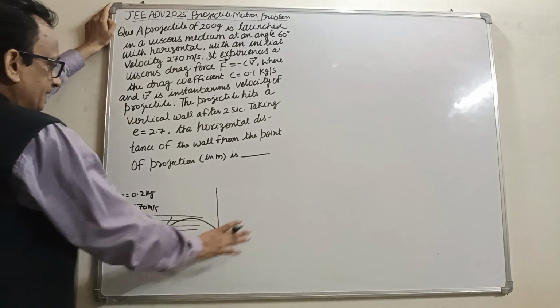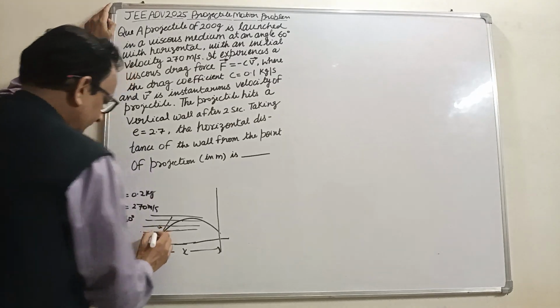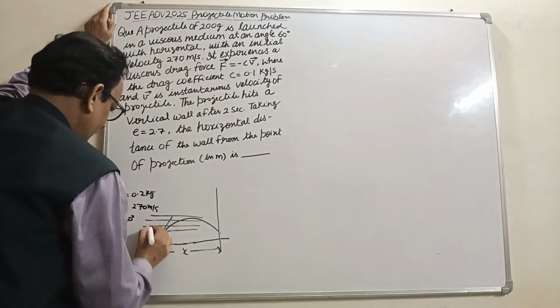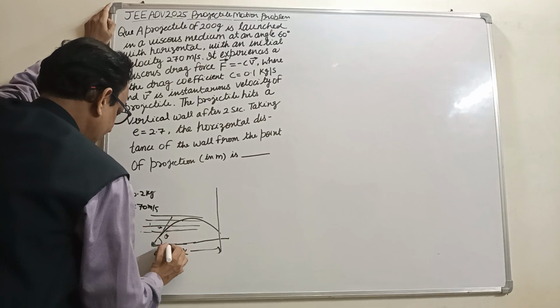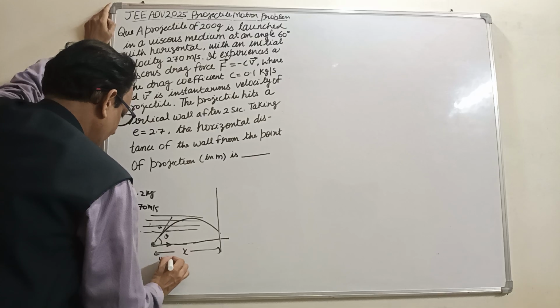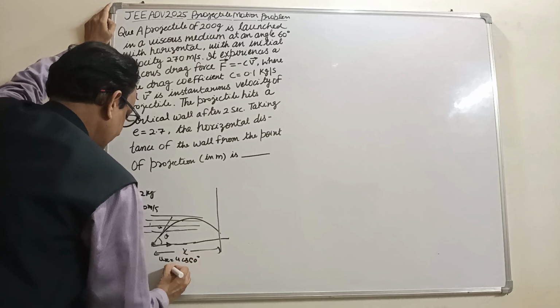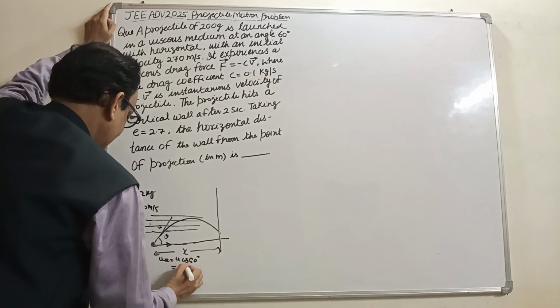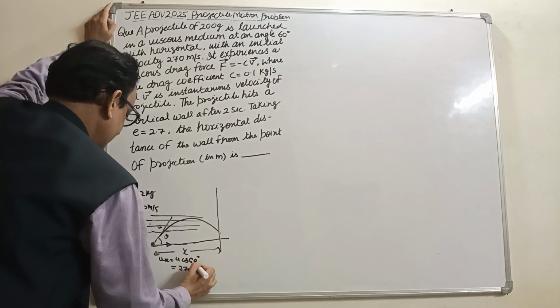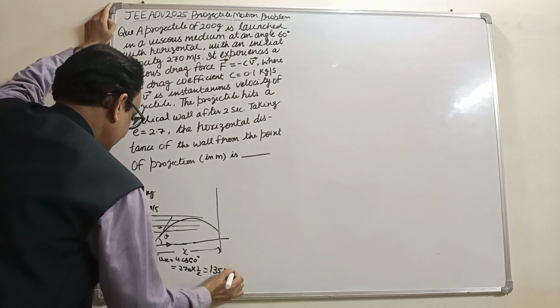We have to calculate this horizontal distance. So the initial velocity ux would be in this direction, ux is u cos 60 degrees, and u is 270, cos 60 is 1 by 2, so this becomes 135 meters per second.